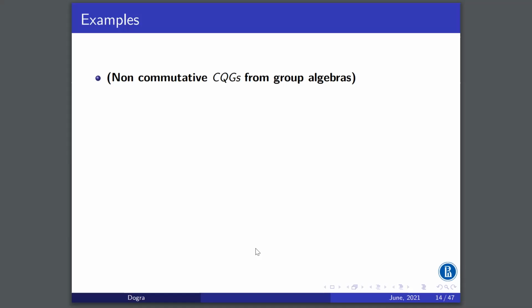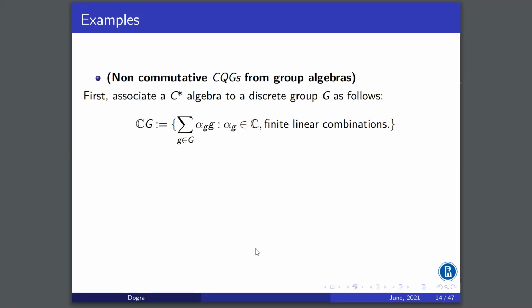So that was an example of a commutative compact quantum group. Now we look at an explicit example of a non-commutative case, and we start off with group algebras. First of all, if we have a discrete group G, we can associate a C star algebra to it as given.